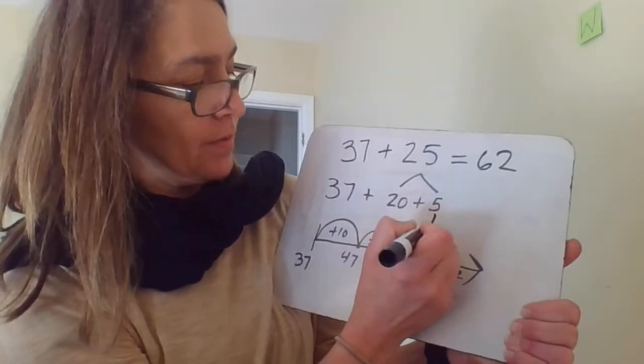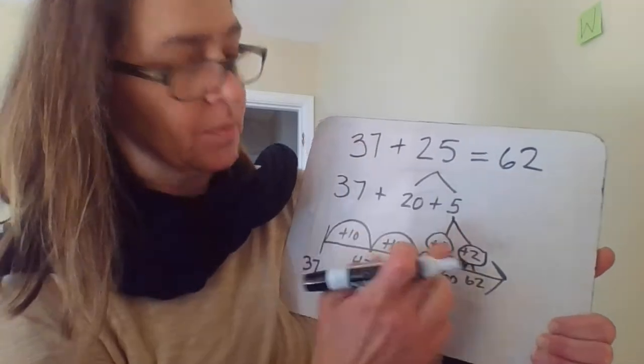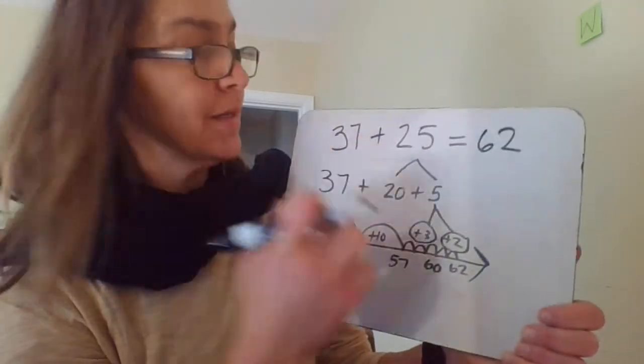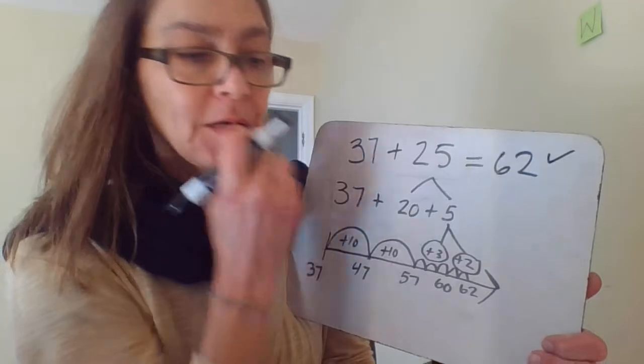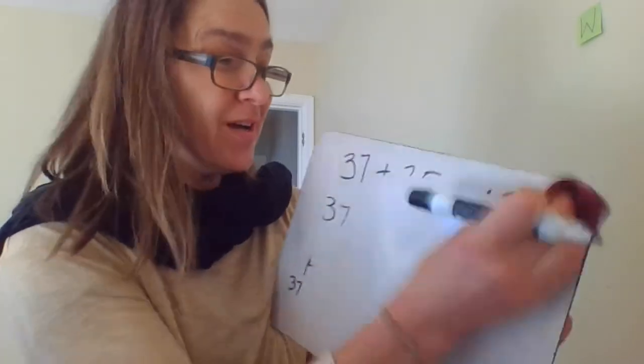Because I broke this apart into 3 plus 2. Right, so I double checked, and yep, that's correct. I used 2 ways. All right, and it looks like we have time for one more.